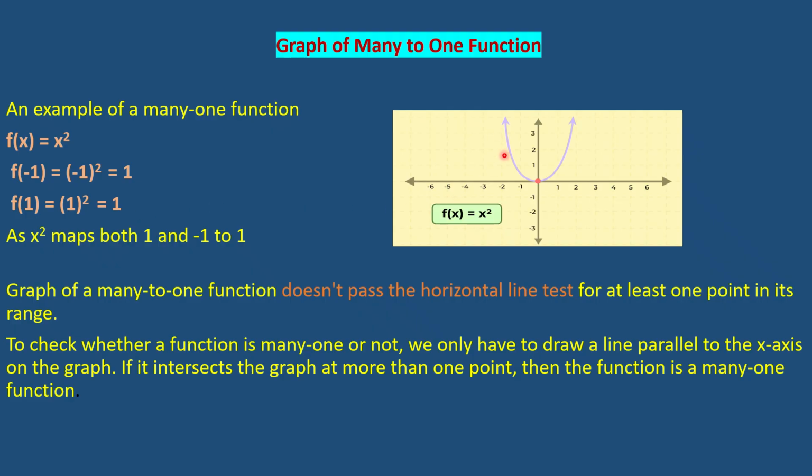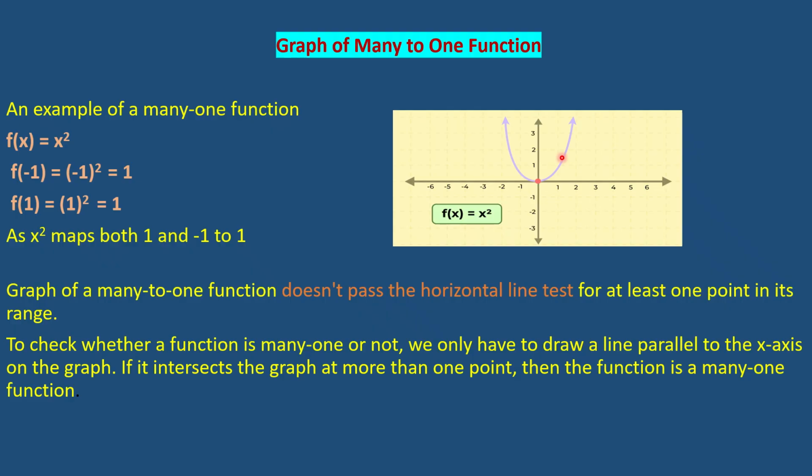So if you draw the graph, you will see it like this. The graph of a many-to-one function does not pass the horizontal line test. If you draw a horizontal line over here, at the same height you will get two points, one on this side in the second quadrant, one in the first quadrant.